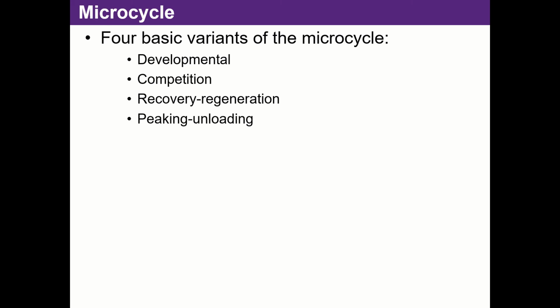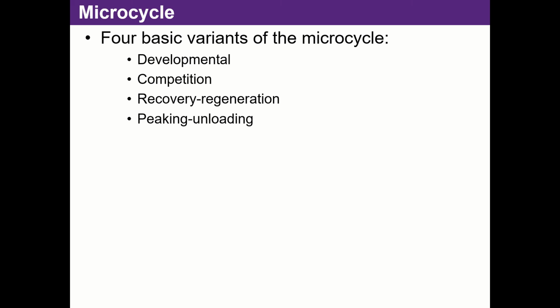The first is a developmental microcycle, and we typically see those during the preparatory phase. If you're doing a developmental microcycle, what you're trying to do is develop some sort of an ability, right? So that might be one of those biomotor abilities, to use their terminology. That might be muscular strength, endurance, power, agility, that kind of stuff.